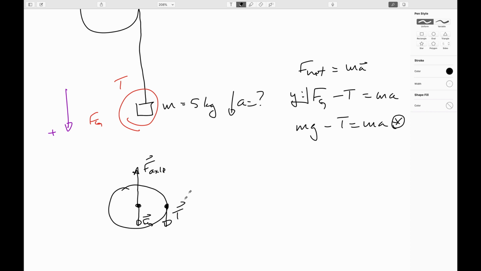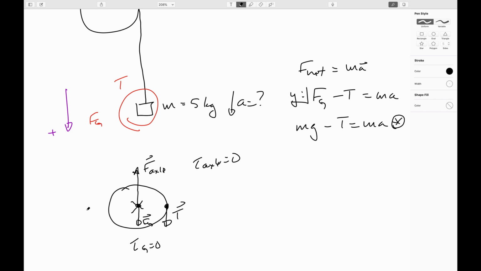Although we do know the force of gravity, we don't know the force of the axle at all. The fact that we don't know that force doesn't matter from a torque perspective because it's not trying to make it twist. The line of action goes right through the axis of rotation. So the torque due to the axle is 0, and the torque due to gravity is 0. We've only got a torque due to the string.